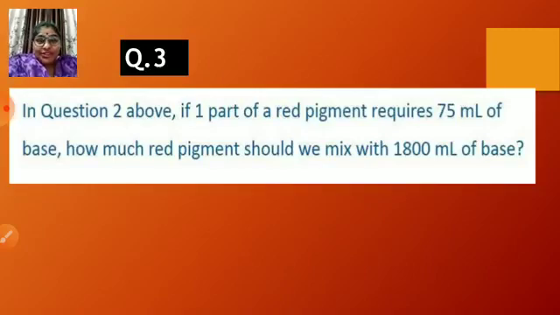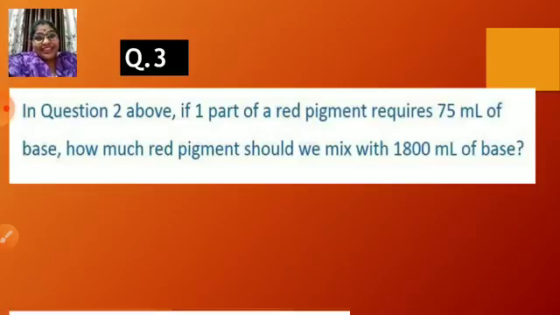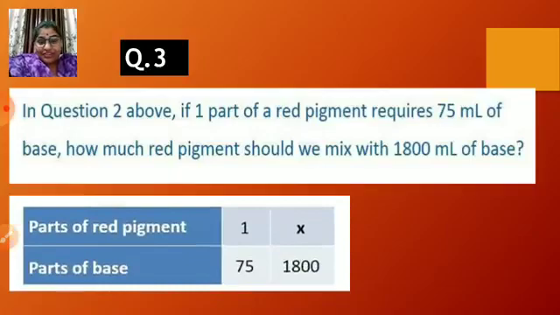So next one, question number 3 is, in question 2 above, if one part of red pigment requires 75 ml of base, how much red pigment should we mix with 1800 ml of base? So let us put it into a table, children, like this. Parts of red pigment is 1 is to 75 parts of base. So we have kept here x value as 1 and y value as 75.